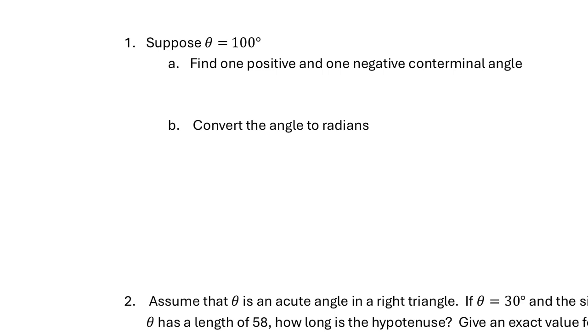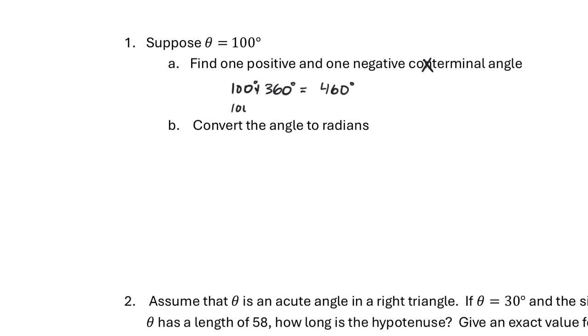For Part A, remember, and it's a misspelling, I apologize, a coterminal angle is one full revolution of a circle. So if we have a 100-degree angle and we revolve 360 degrees around that angle, we end up with 460, which is one positive coterminal angle.